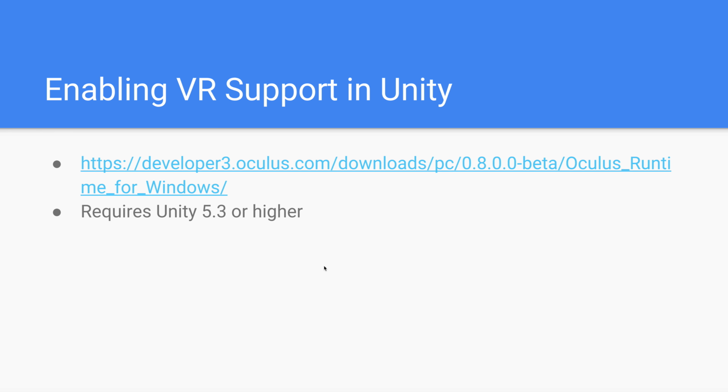Developing for VR in Unity is pretty easy, especially if you're doing the Oculus. It's just setting up a couple of options. Make sure that you have Oculus support set up for your computer itself. I think this link may be out of date. I'll need to double check, but make sure that you go to the Oculus website and download whatever is relevant for your specific operating system.